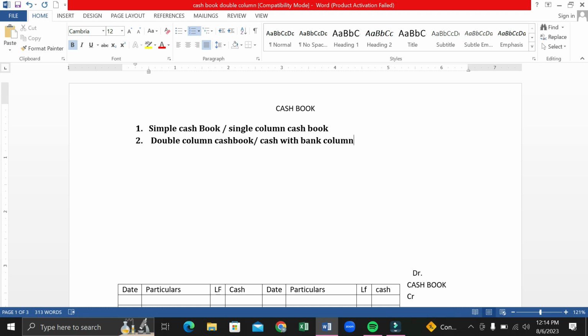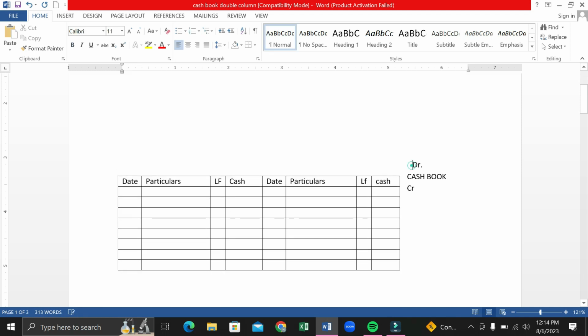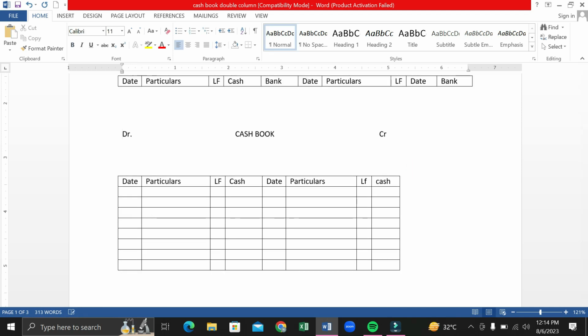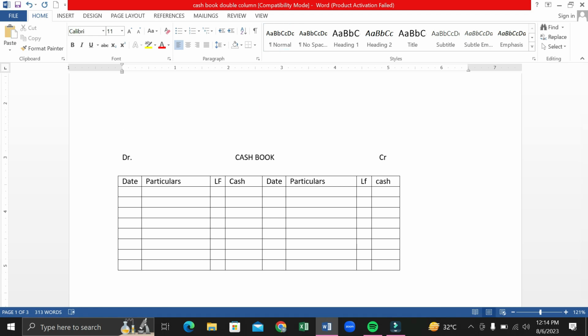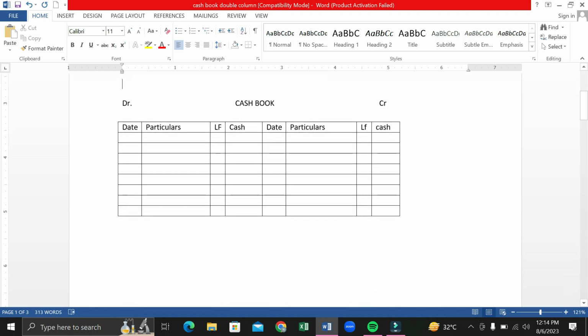So this is a format of your cash book. This is the format of your single column cash book or a simple cash book.